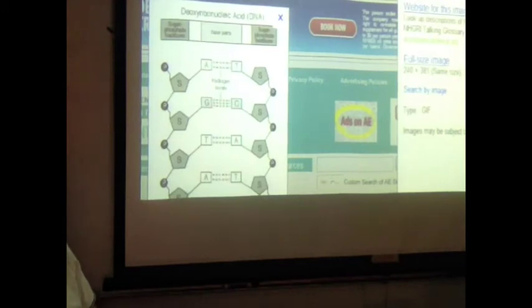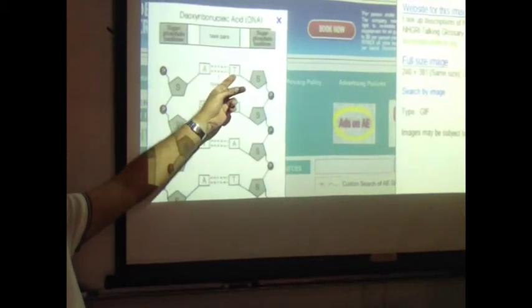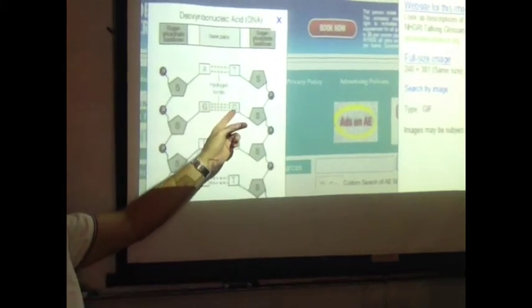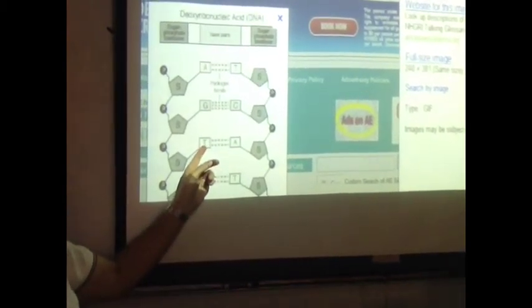Another important part in this discussion is what is known as the complementary base pairing rule, also known as Chargaff's law, and that says when there's an adenine, it will bond with the thymines. When there's a guanine, it'll bond with the cytosines. So you can see, here's a thymine. What does it bond with?